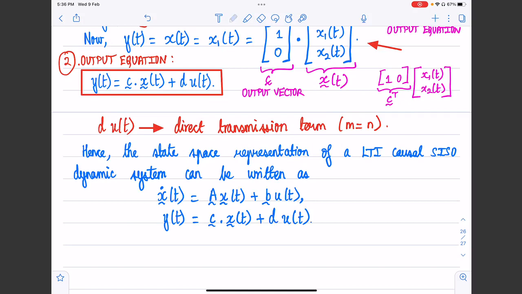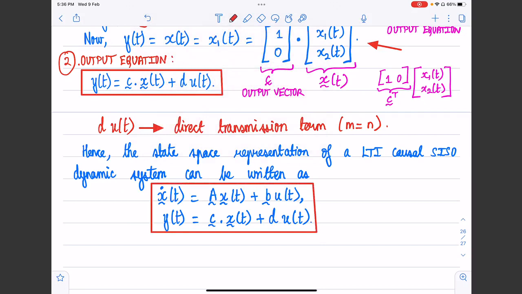So this is the general state space representation of this class of systems.